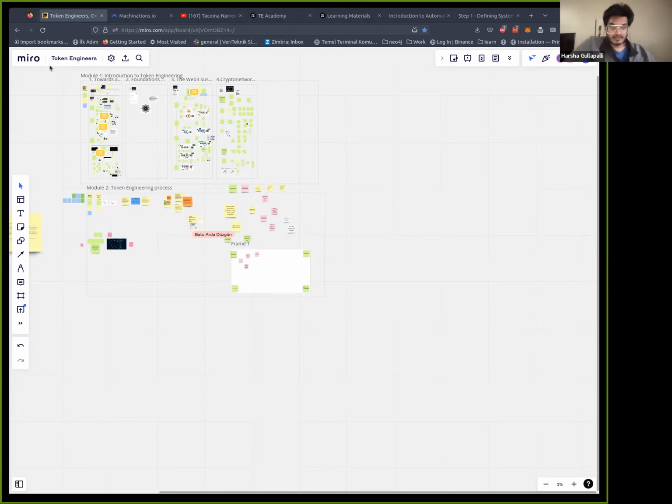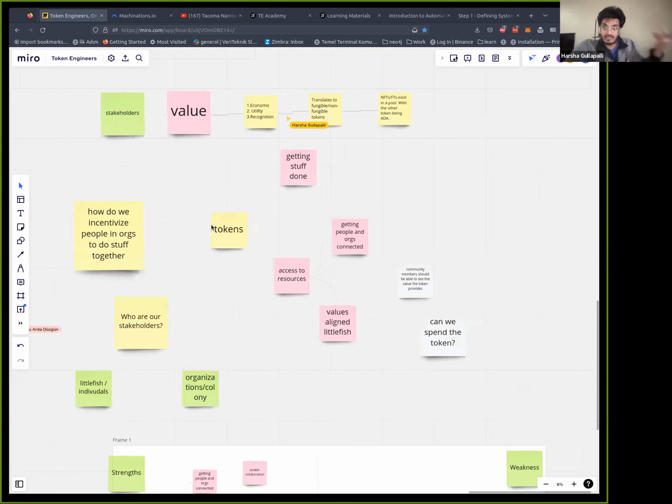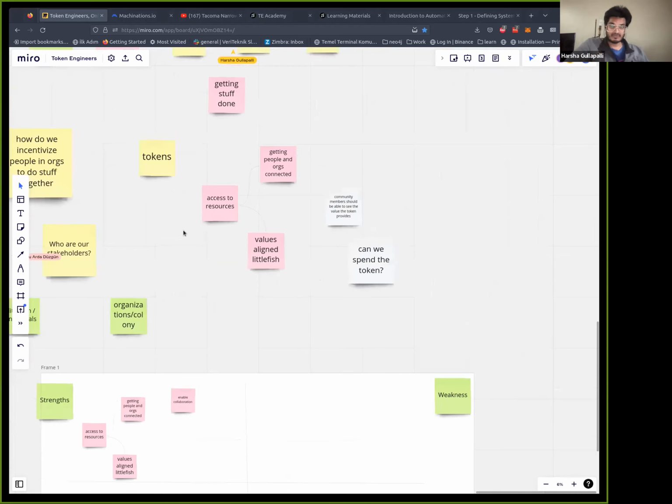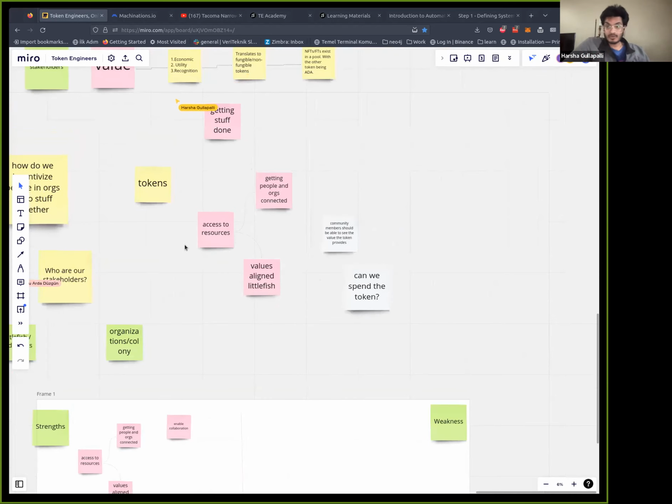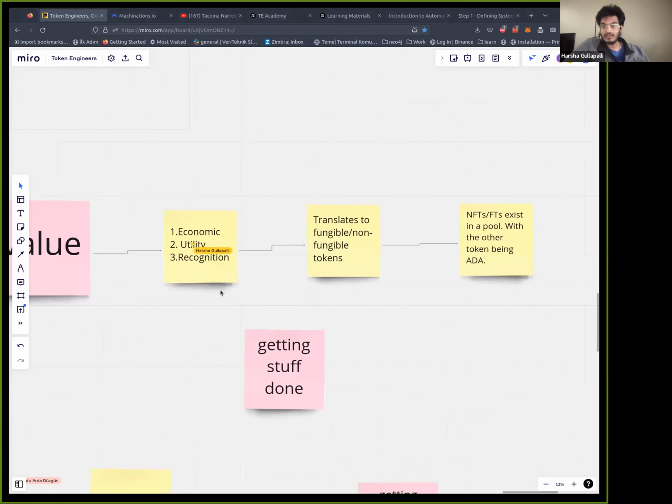I feel like at this point on the Miro board, the value that we give in general could be NFTs. For now, it is NFTs, right? Our actions. And say in the future, there is also a Little Fish token, which we were talking about at one point. So either way, the NFTs or the token, they either represent economic value, utility, or some form of recognition.